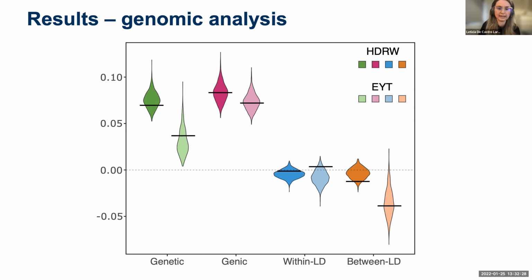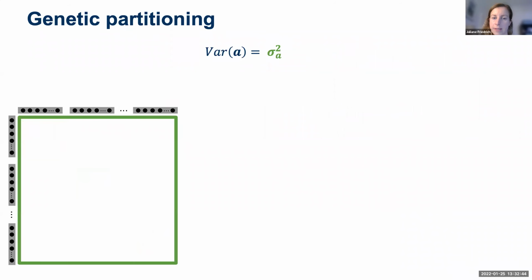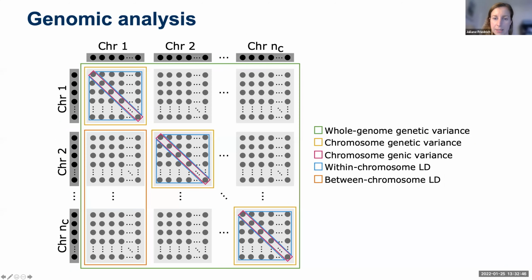No, we didn't account for epistasis here. Can you read the question again, Julian, please? How does your estimated across chromosome LD variance compare with other estimates in literature? Is this variance expected to come from epistasis and or potential other things?